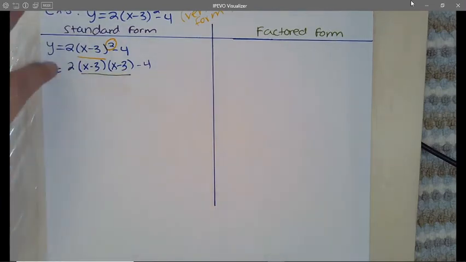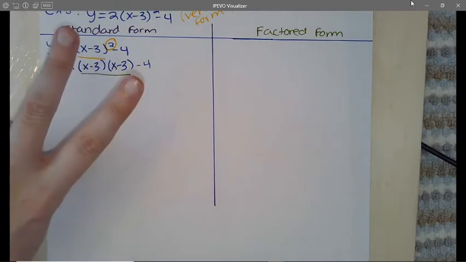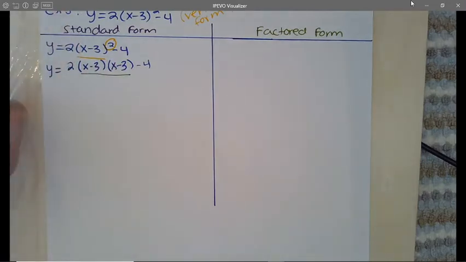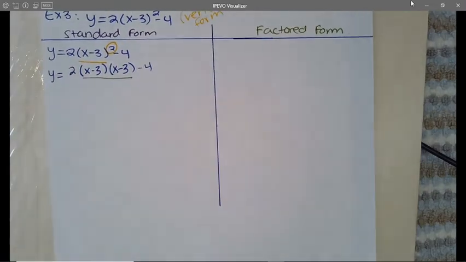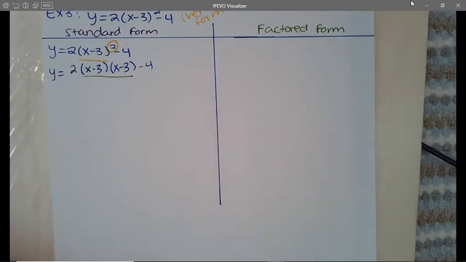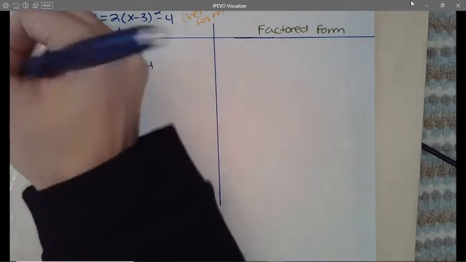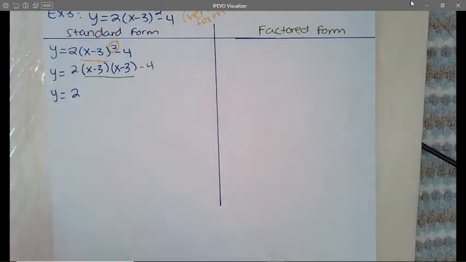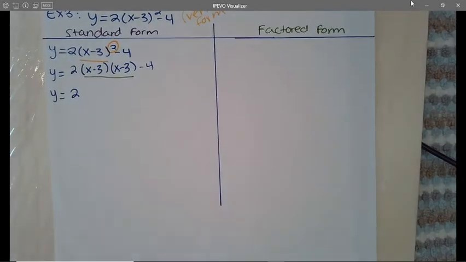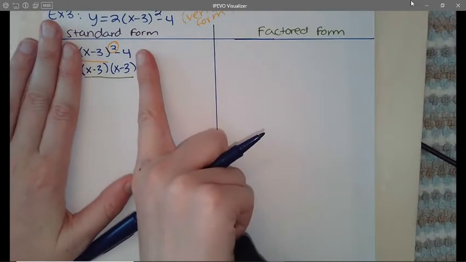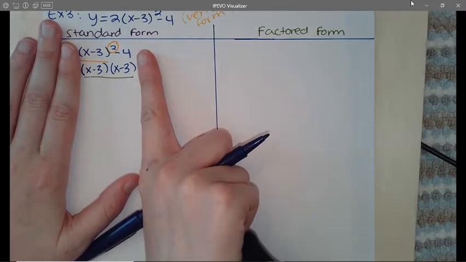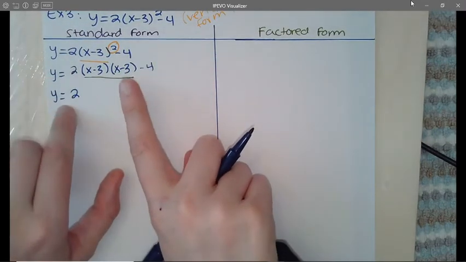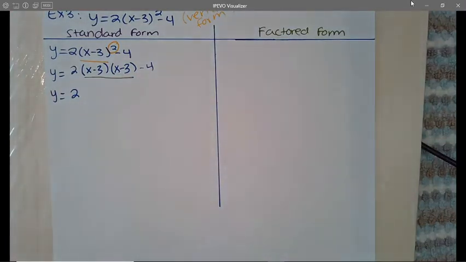Don't do that. You don't multiply the 2 to both parentheses, because then you're multiplying by 2 twice, so you're actually multiplying by 4. So what I like to do is bring on down the 2 and deal with it later. The 2 is right now an afterthought. Right now, I'm only going to focus on this. I'm going to distribute my x minus 3 parentheses. Then whatever I end up with, I'll multiply that to my 2.